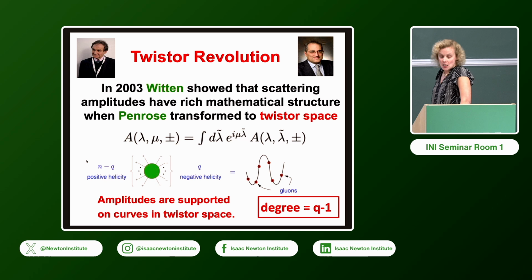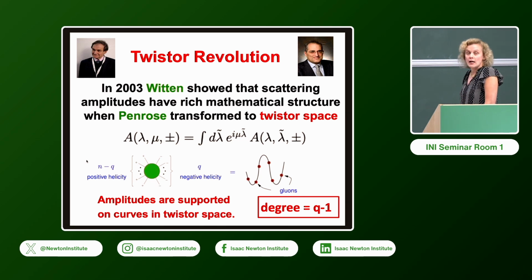When we study quantum field theory, amplitudes are usually thought of as a function of a momentum and a polarization. However, when we have a massless momentum, p squared equals 0, we can write it as a product of two spinors, lambda and lambda tilde. So the amplitudes are characterized by just two spinors, lambda, lambda tilde, and a helicity plus or minus.